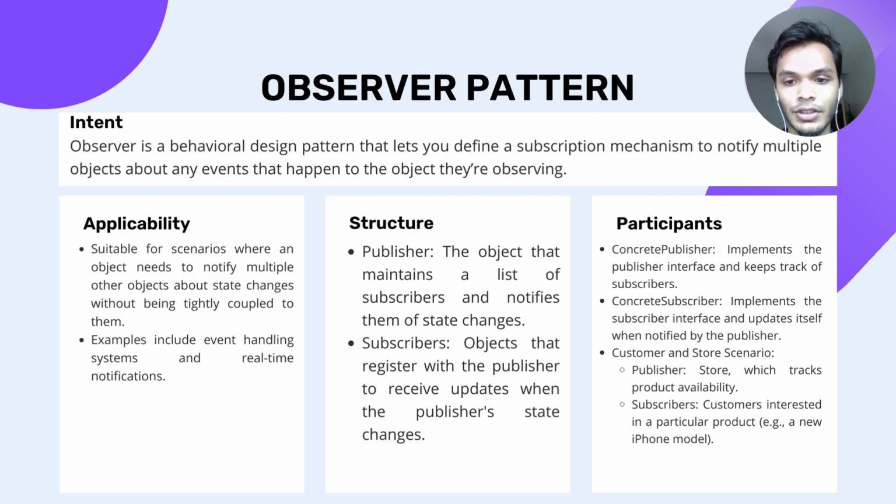Next is the structure. The publisher is the object that maintains a list of subscribers and notifies them of state changes. The subscriber is the object that registers with the publisher to receive updates when the publisher's state changes. And finally, for the participants, the concrete publisher will implement the publisher interface and keep track of the subscribers.